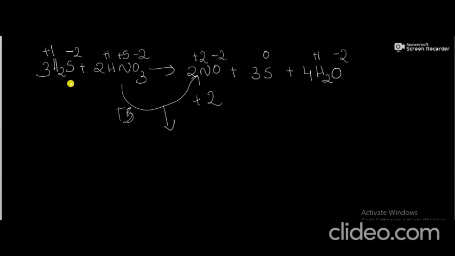The oxidation number of sulfur, here -2, increases to 0. So H2S has undergone oxidation to sulfur. Or we can say that HNO3 causes oxidation of H2S to sulfur.